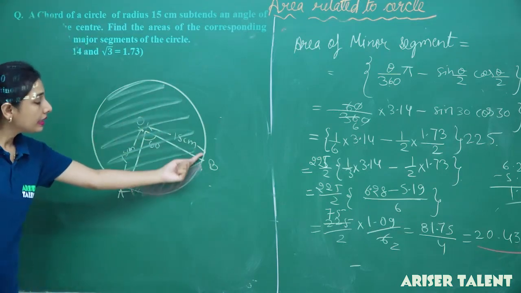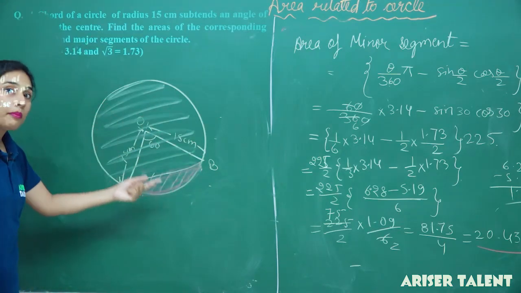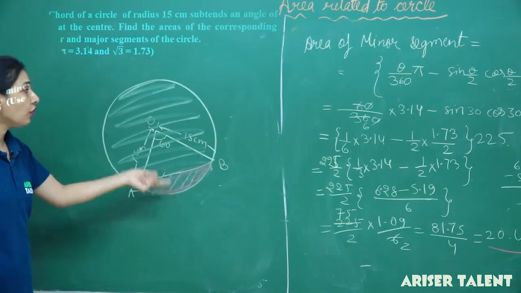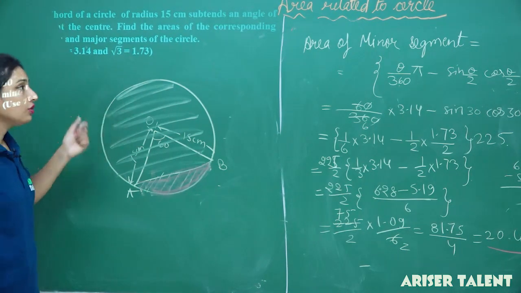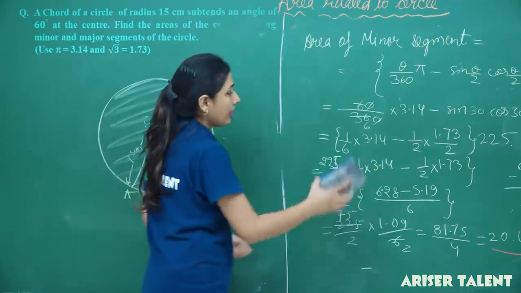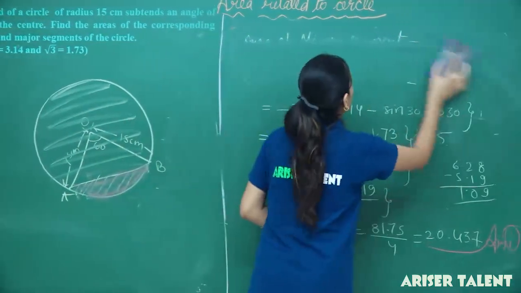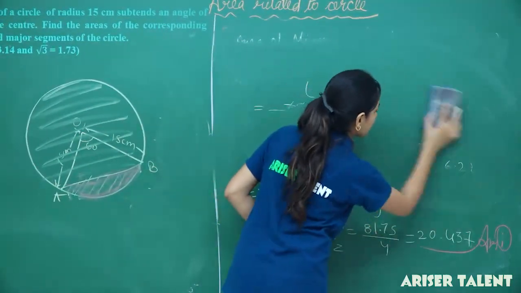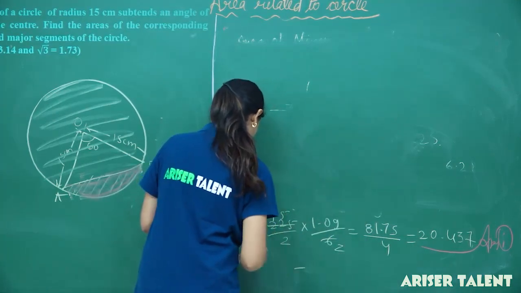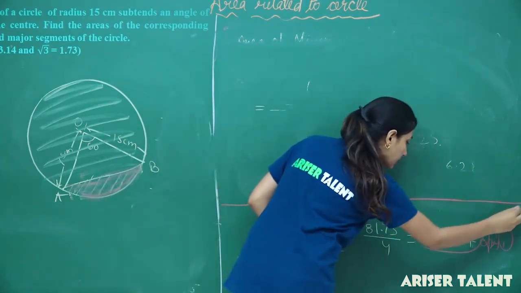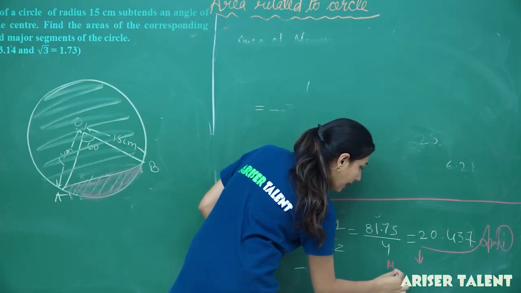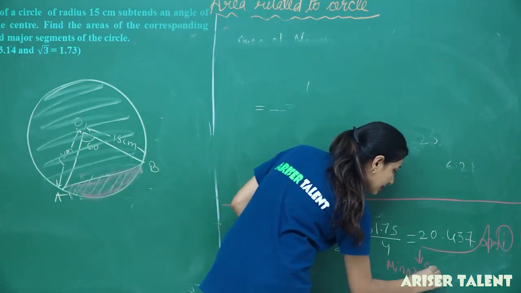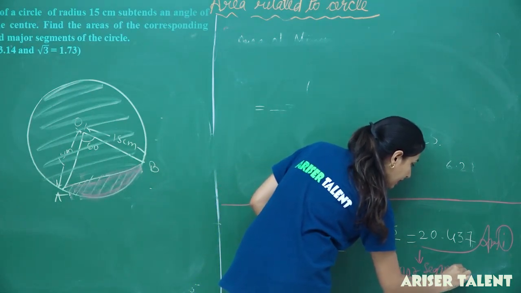Right. So the complete circle's area minus this area will be equal to what? The major segment's area. So I am writing it there. I am rubbing this. This was the minor segment area.